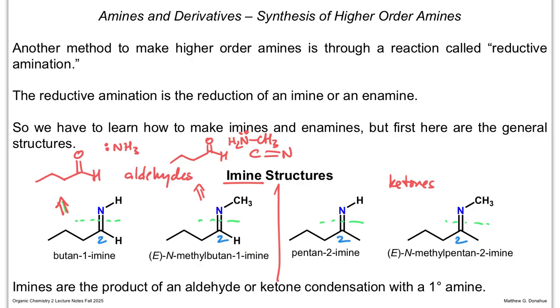And then we make the CN double bond. So like on the exams, if you're given the structure of an imine, can you determine what carbonyl functionality has been used, an aldehyde or a ketone, and then what amine has been used?